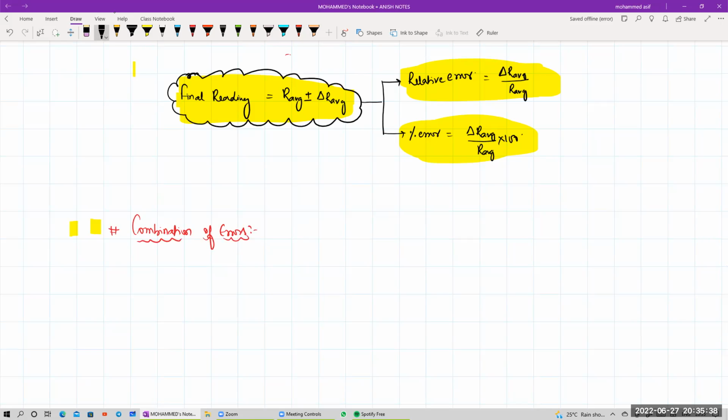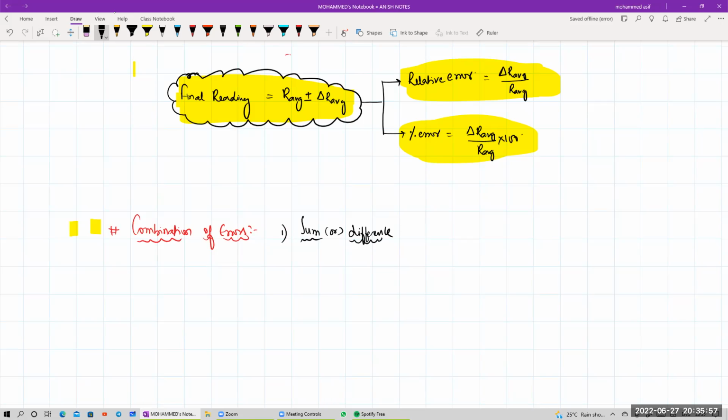Errors in the measurements are very, very small errors. The first one is the sum or difference. For both, the relation is the same: addition or subtraction. Clear?